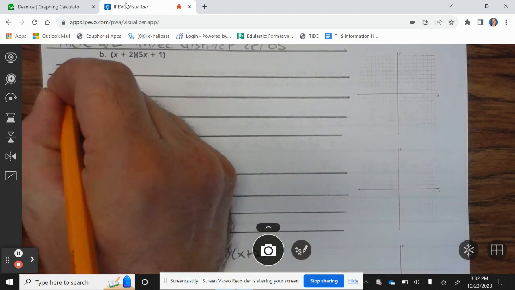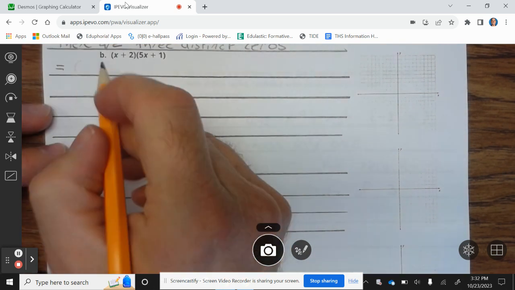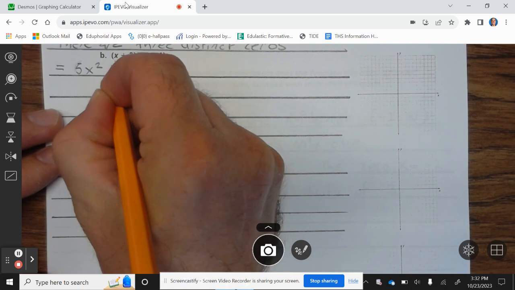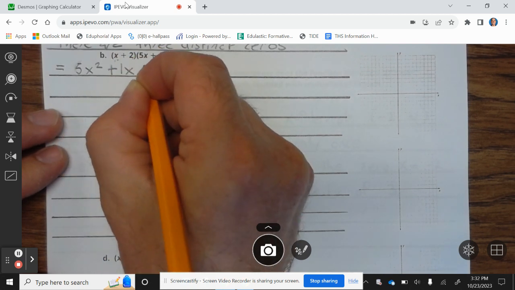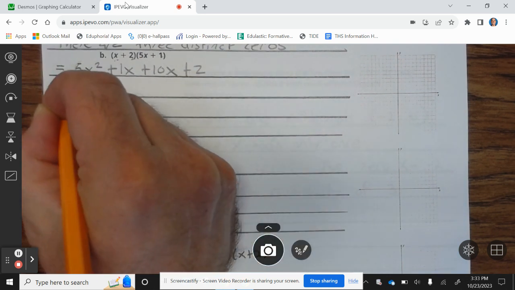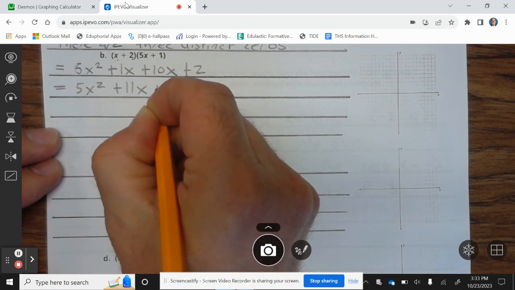So let's FOIL. X times 5x is 5x squared. X times 1 is plus 1x. 2 times 5x is plus 10x. 2 times 1 is plus 2. So this is 5x squared plus 11x plus 2.